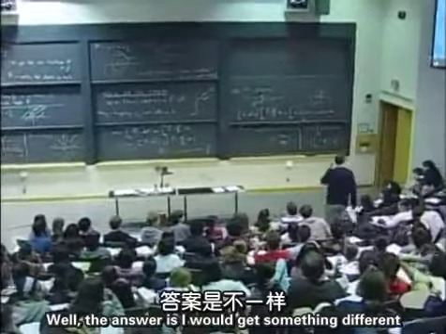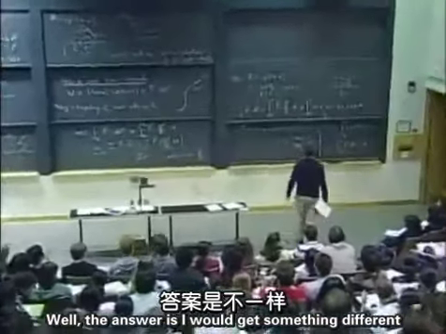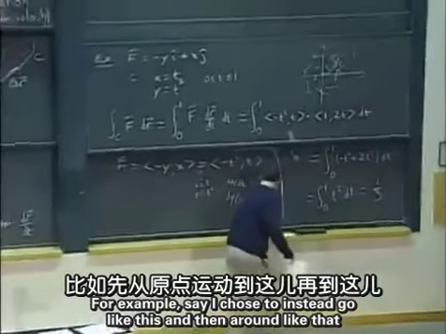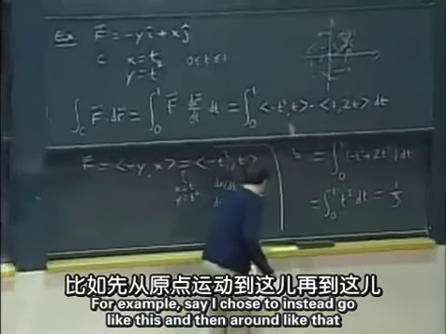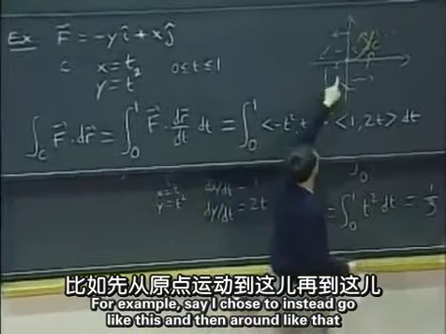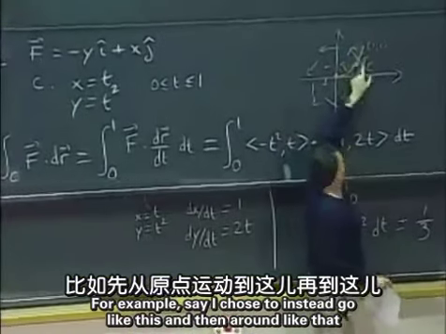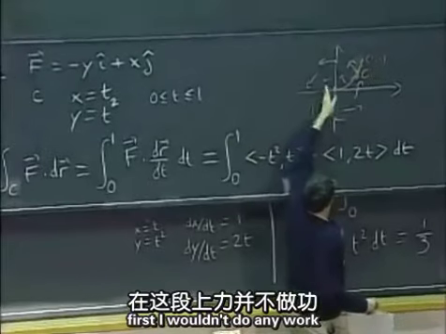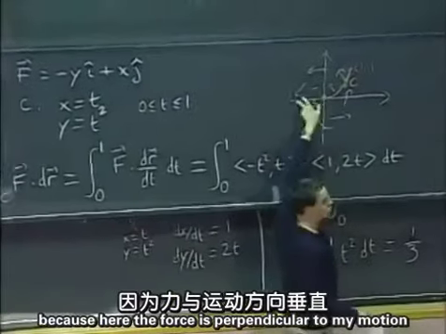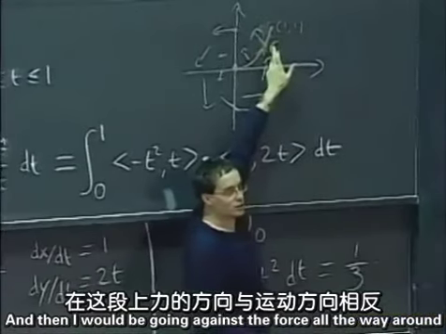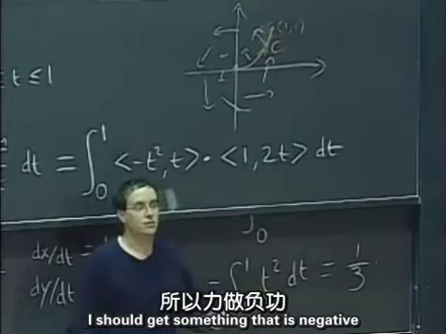Well, the answer is I would get something different. Let me try to convince you of that. Say that I chose to instead go like this and then around like that. First I wouldn't do any work because here the force is perpendicular to my motion, and then I would be going against the force all the way around. So I should get something that's negative.